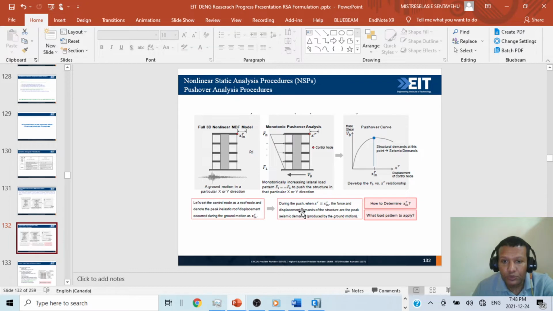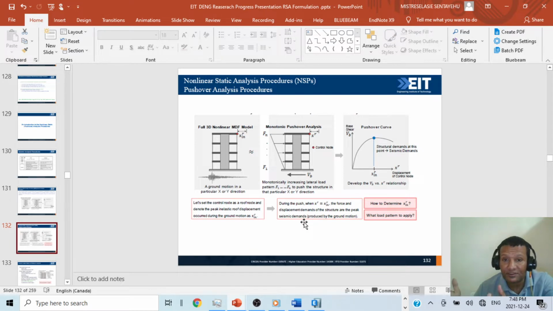During the push, when XR is equal to X inelastic, the force and displacement demand of the structure are the peak seismic demand produced by the ground motion. Once we construct this, we will know the target displacement, and we know the future earthquake also.